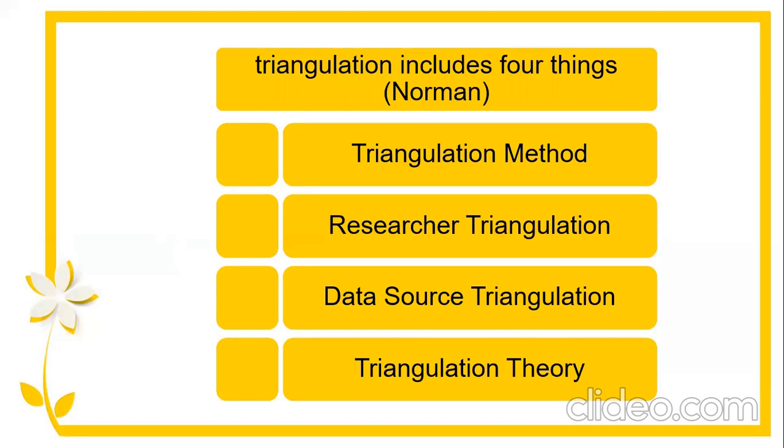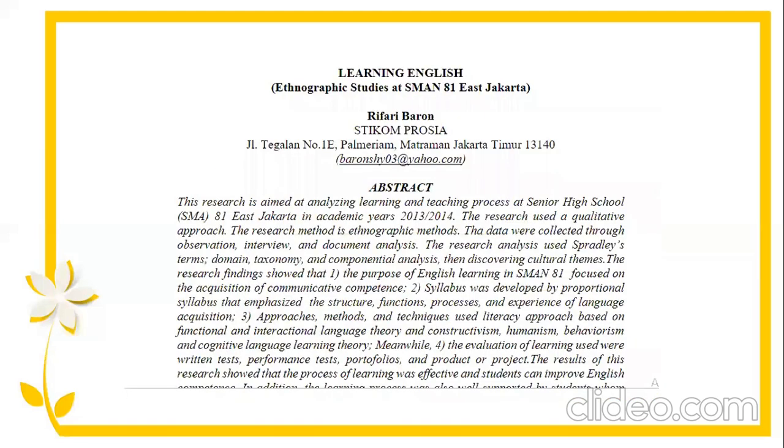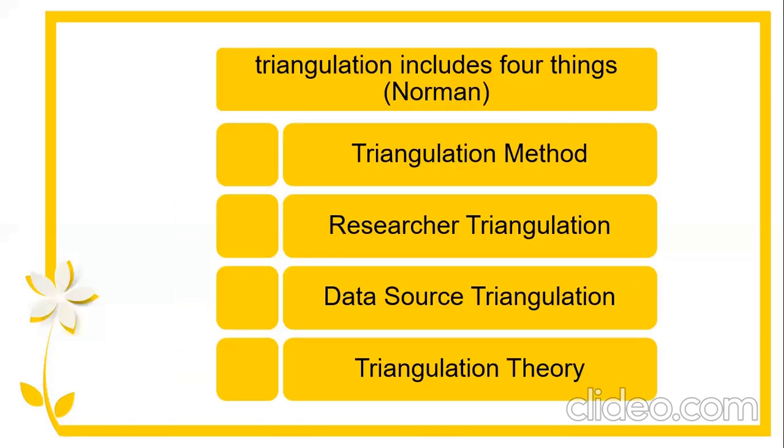The researcher can combine the data from the results of interview and observation, and also combine them with the results of documentation. If the results of these methods are the same, we can tell the data is valid, because the researcher uses not only one source, but can also combine the three methods of collecting the data.